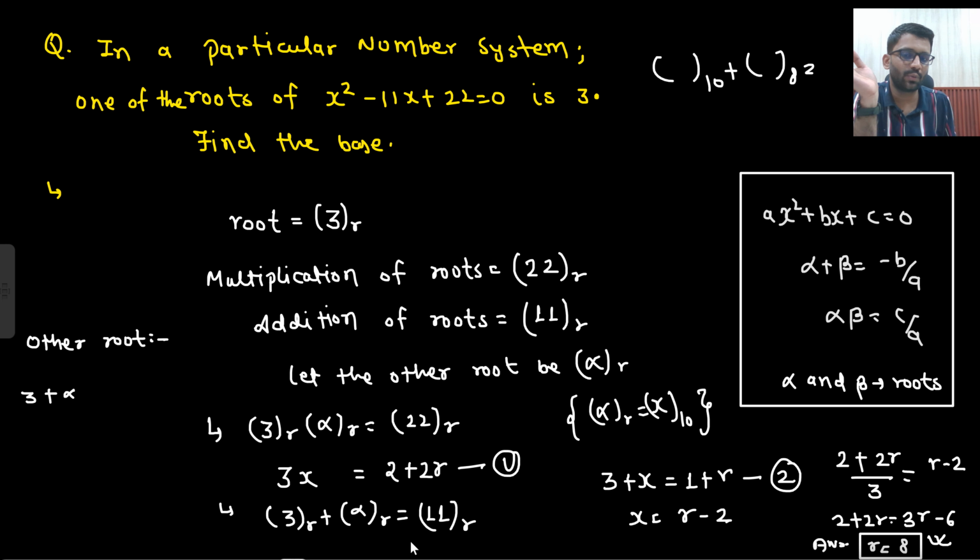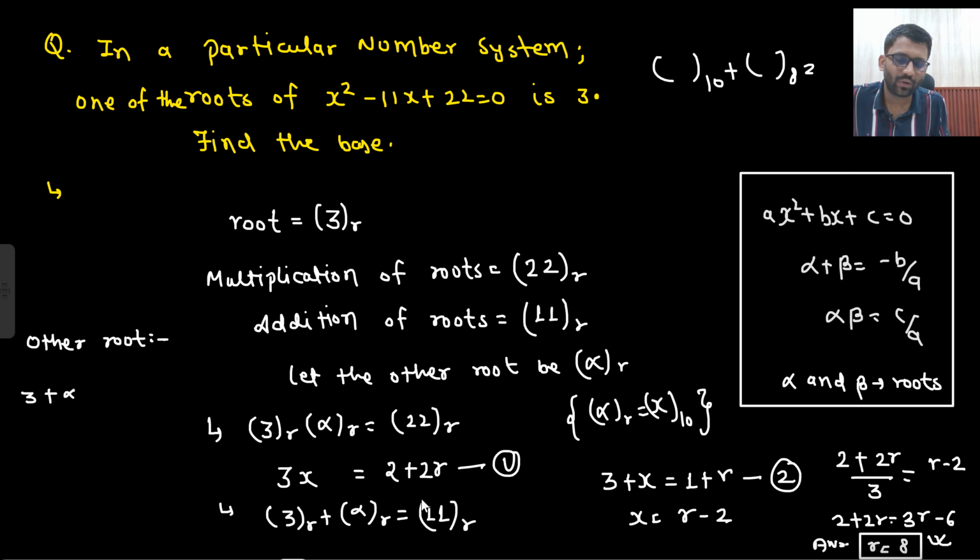So 3x is equal to 2 plus 2r, and 3 plus x is equal to 1 plus r. So the x value is r minus 2. I put r minus 2 here and get 2 plus 2r by 3, so 3r minus 6, and from here I get r is equal to 8.